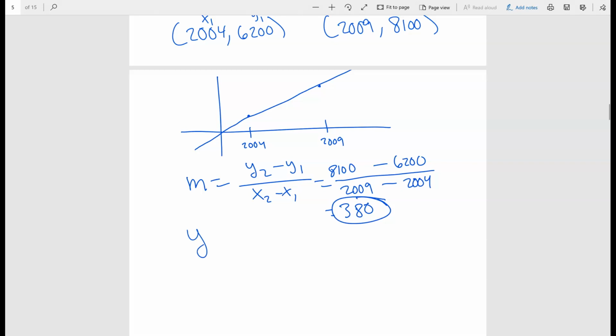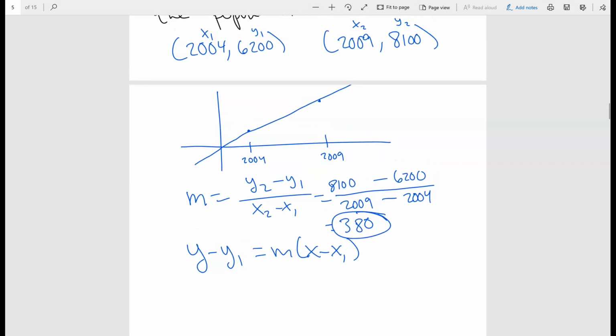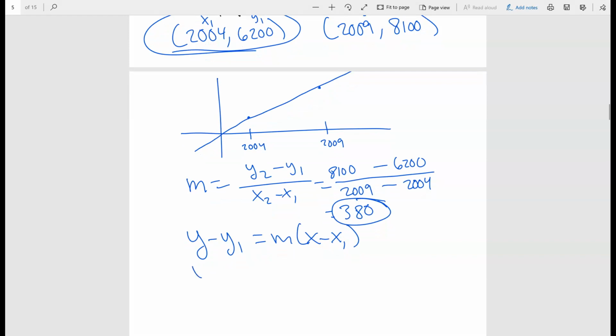So remember, y minus y1 equals m times x minus x1. We can choose any point. Since I labeled this as x1, y1, we're going to just use that one. So y minus 6200 is equal to m, which is 380, times x minus x1, which is 2004.